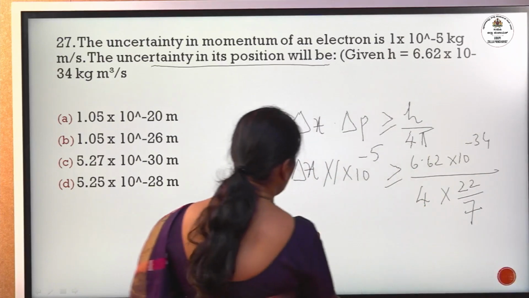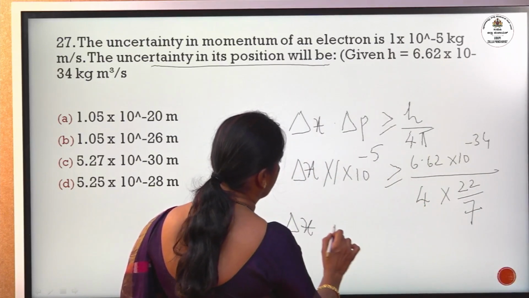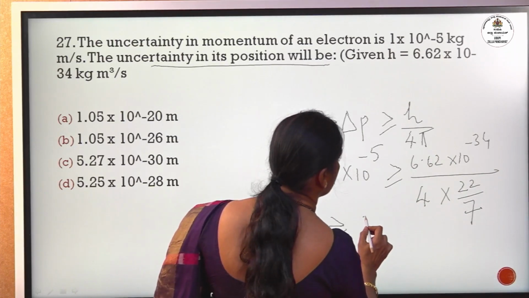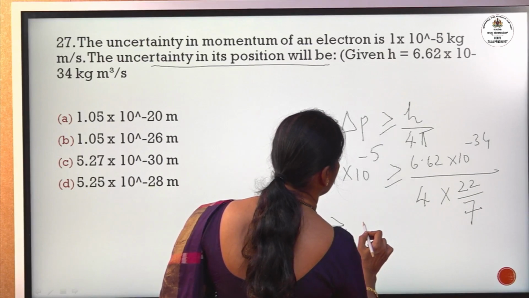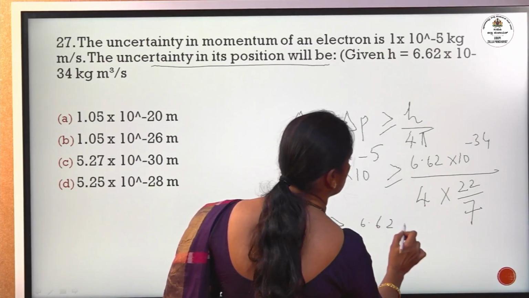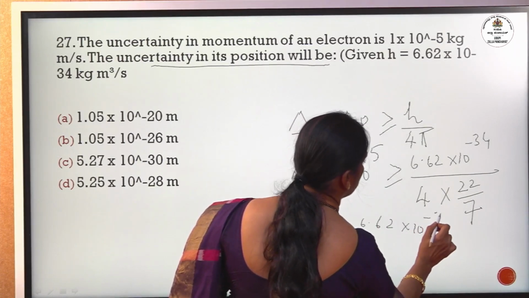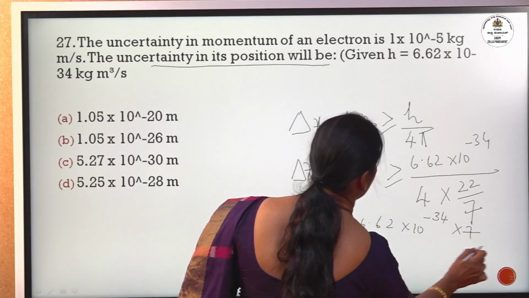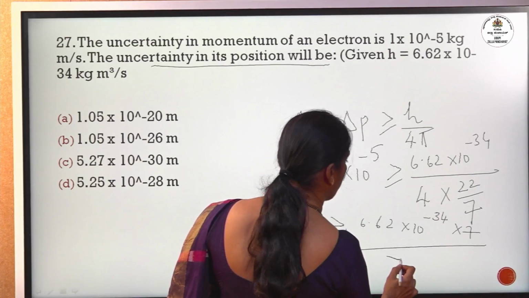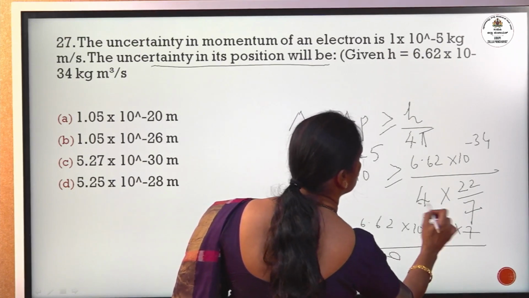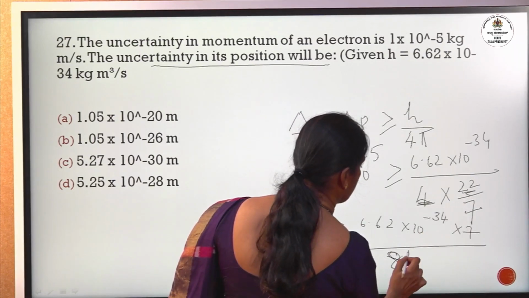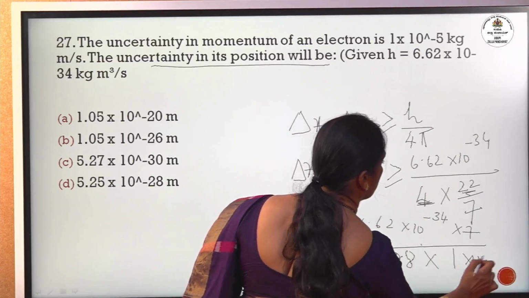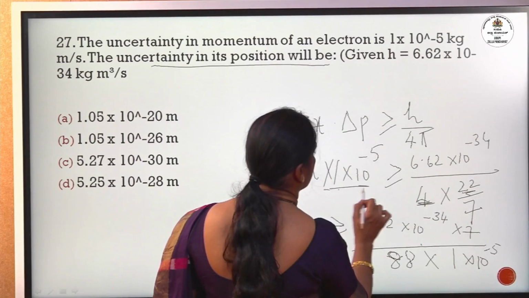Now, on simplifying this, delta x is greater than or equal to 6.62 into 10 to the power minus 34 into 7 divided by 4 into 22, which is 88, into 1 into 10 to the power minus 5. This is taken to the other side.